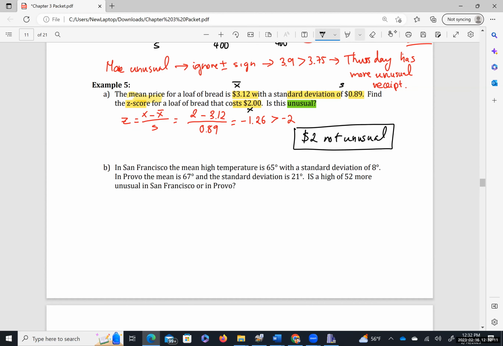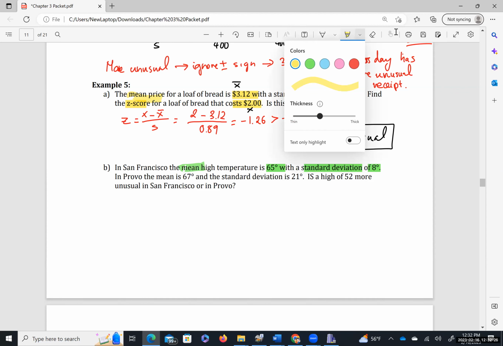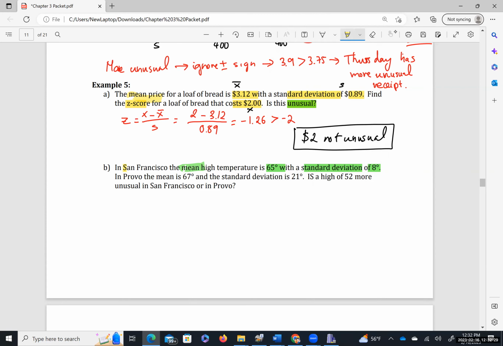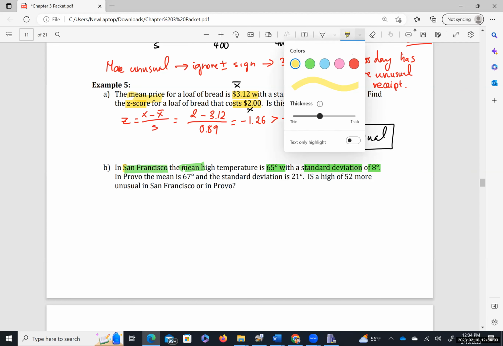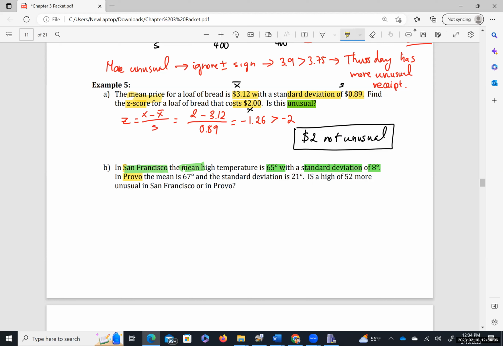Next one. We have a mean temperature of 65 degrees and a standard deviation of 8 degrees. This was San Francisco, right? And then the second one is Provo with the mean 67, standard deviation 21.